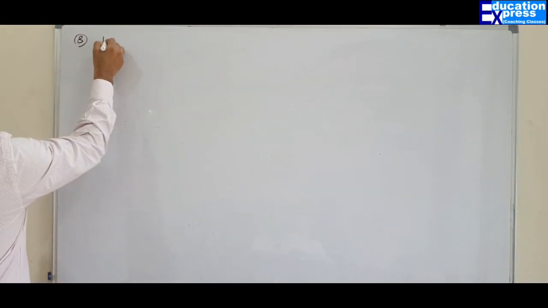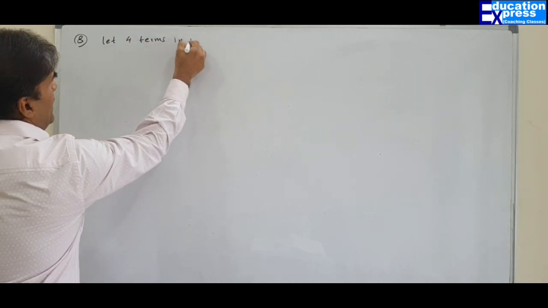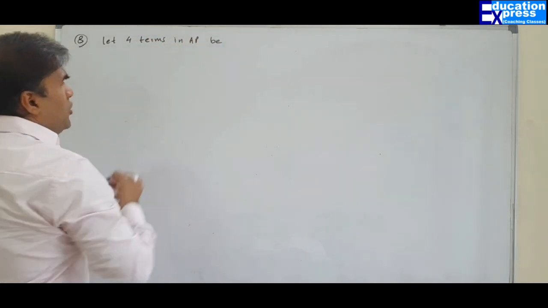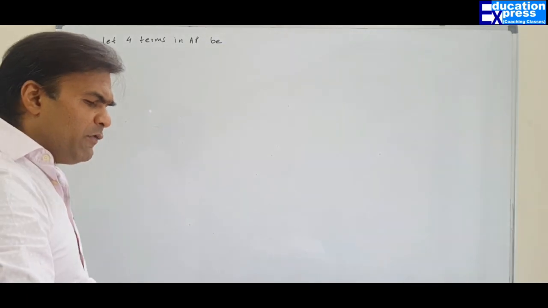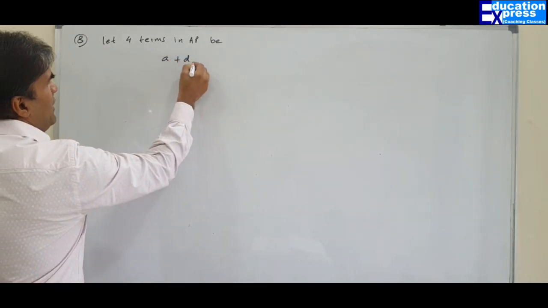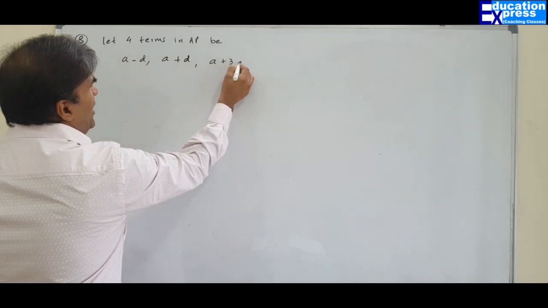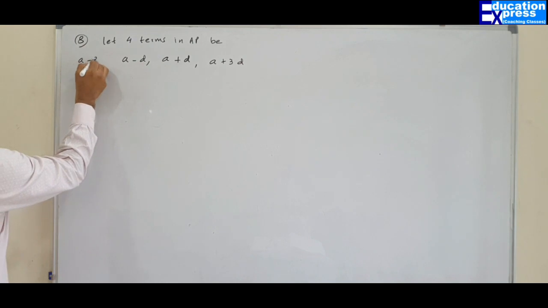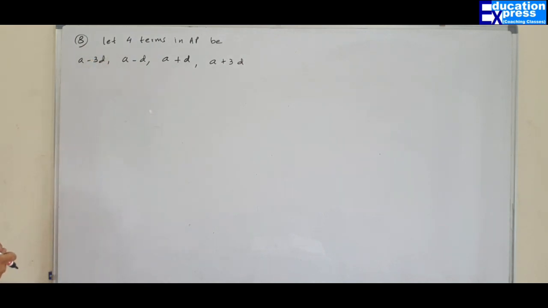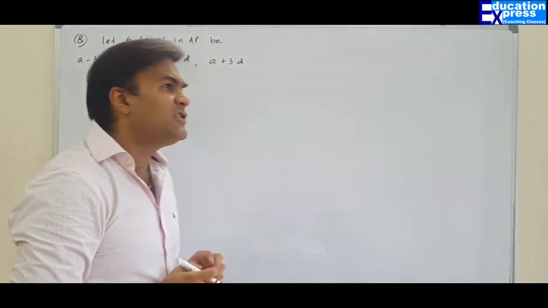Question number 8, let 4 terms in AP be. As we know, when we discuss 4 terms, which 4 terms do we take? It's going to be A plus D, A minus D, A plus 3D and A minus 3D. These are the 4 terms. It is clearly given in the question that the sum of 4 terms is 20.